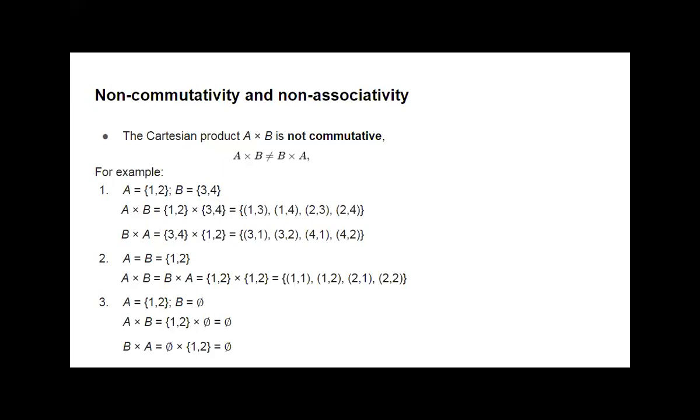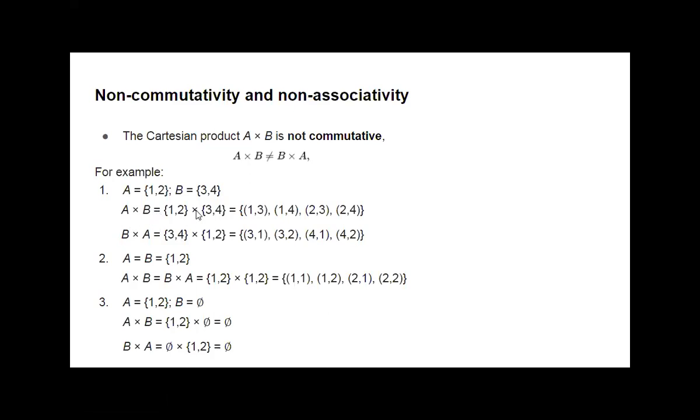First example: A is 1, 2. A is the set containing the two elements 1 and 2, and B is the set containing the elements 3 and 4. So what can we write for A cross B, that is the Cartesian product of sets A and B? Set 1, 2 cross set 3, 4. You can see here, I will move the cursor.